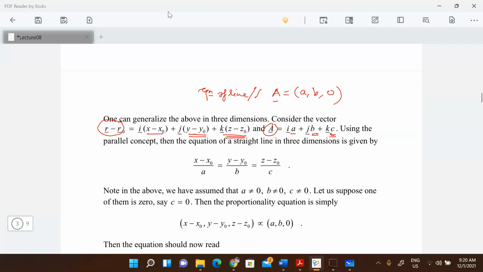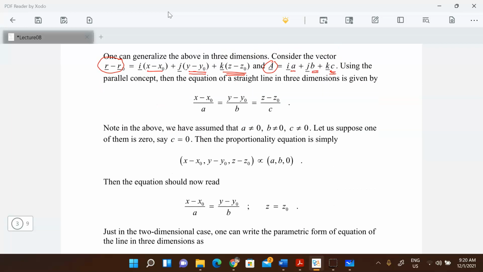Then what one needs to do is go back to the original idea of this being parallel. Since they are parallel, this component ratio with that should be equal, so that gives you that.